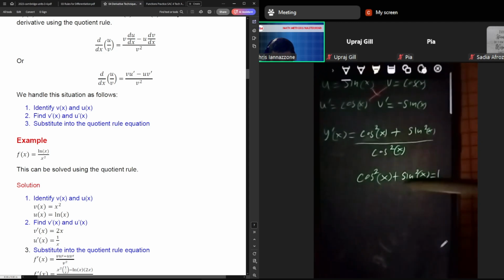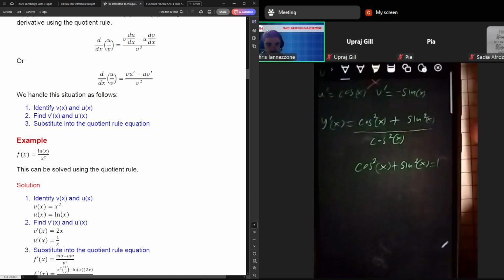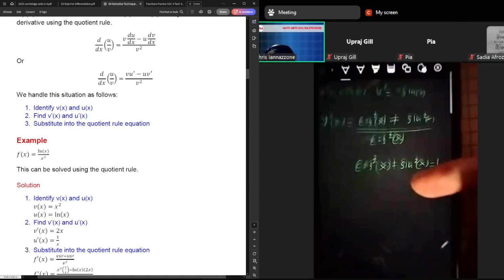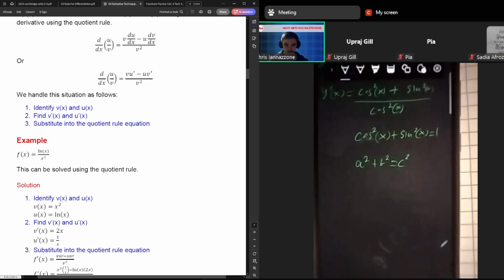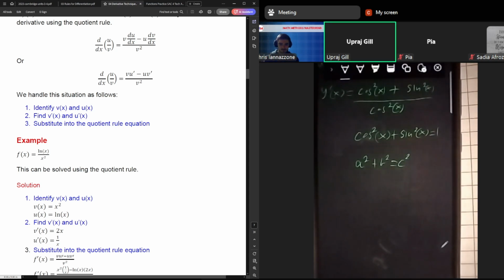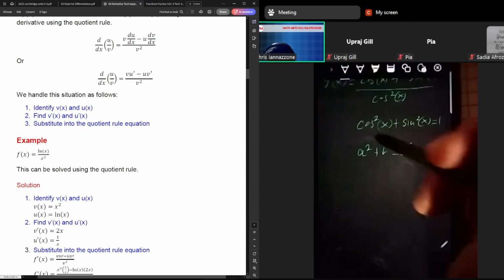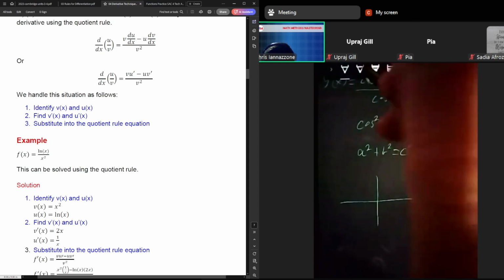Does anyone remember where this is from? Pythagoras. Yeah, Pythag. These are the same thing. So this cos squared plus sine squared being 1 is just what happens if you put Pythag on a unit circle.